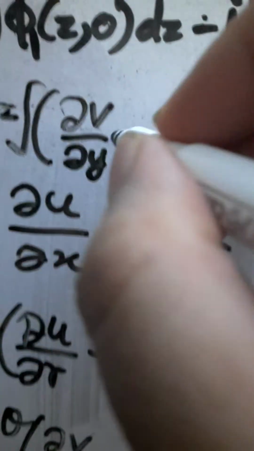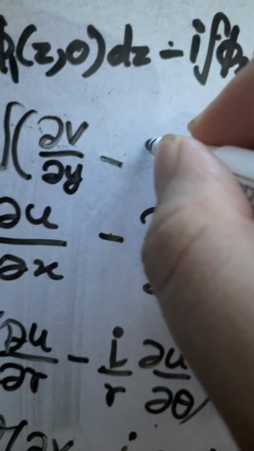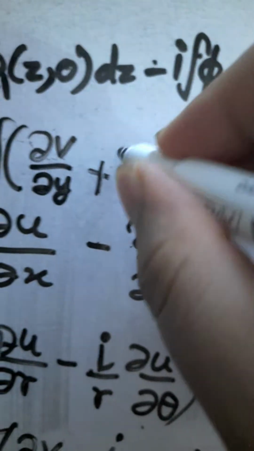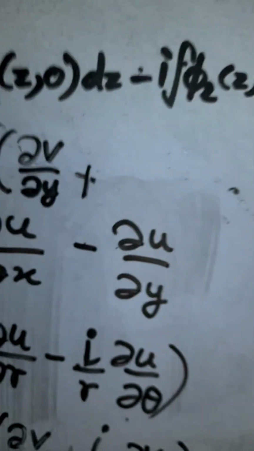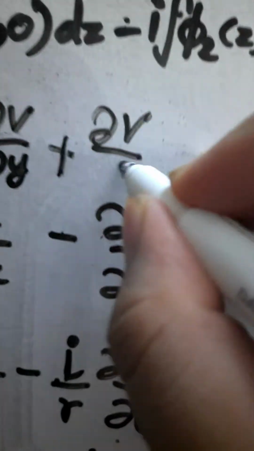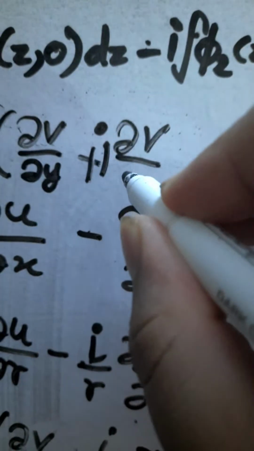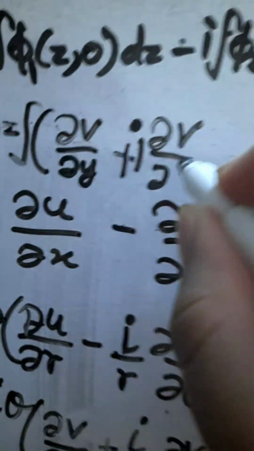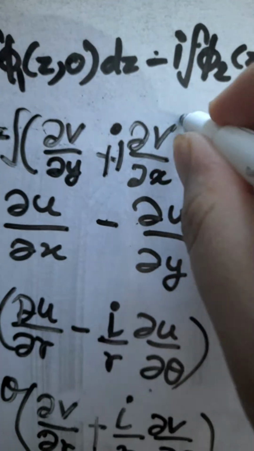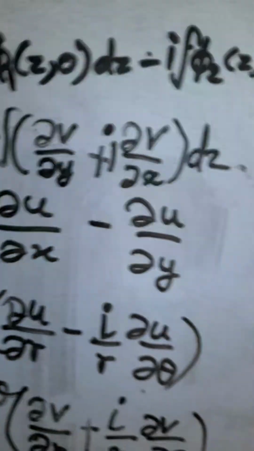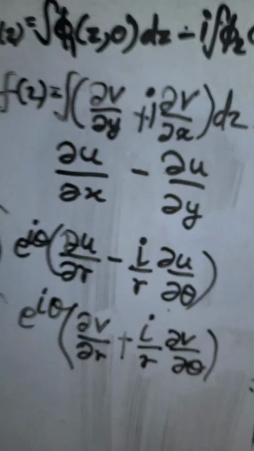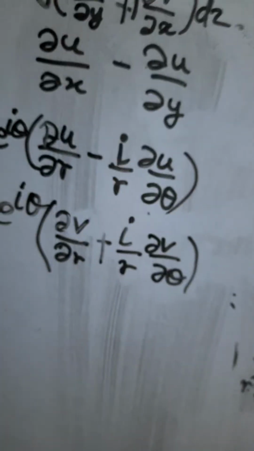Now del v by del y plus, whichever other variable is remaining, that would come here with respect to, which is x, dz. It is totally same with this, right?